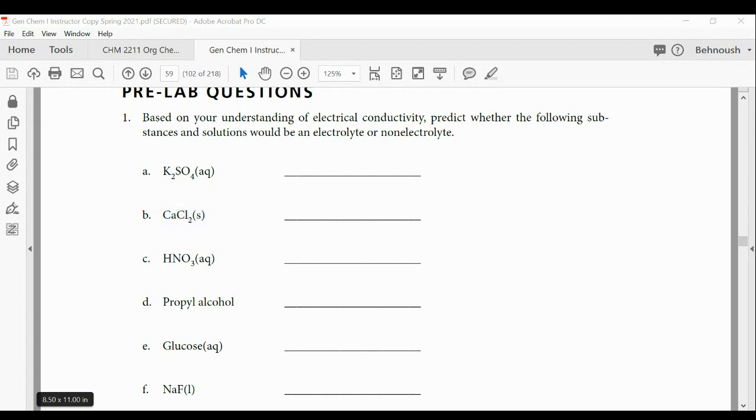So it has to be either in aq or liquid form. If it says solid, it's not an electrolyte. Any questions you might have? Okay, perfect.